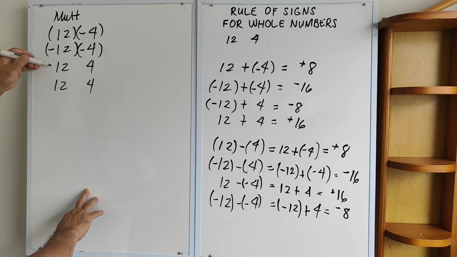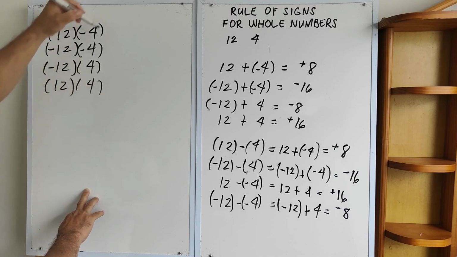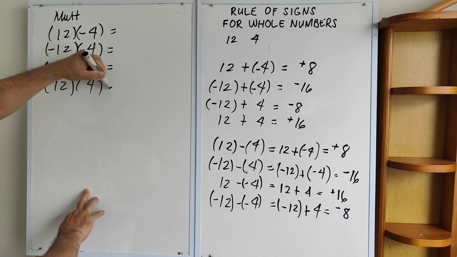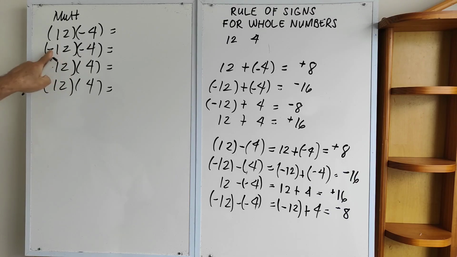Then the first term here is negative, and then these are both positive. Let's check. Negative on second term, both negative. Negative on the first term, both positive. So we have assigned the right signs.